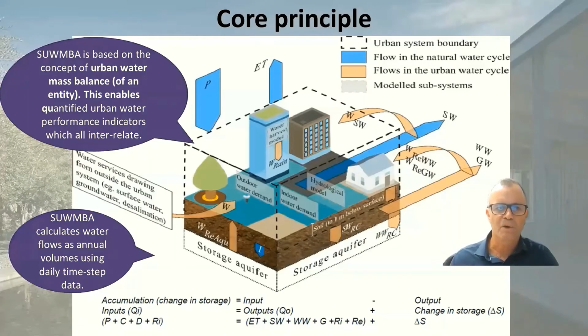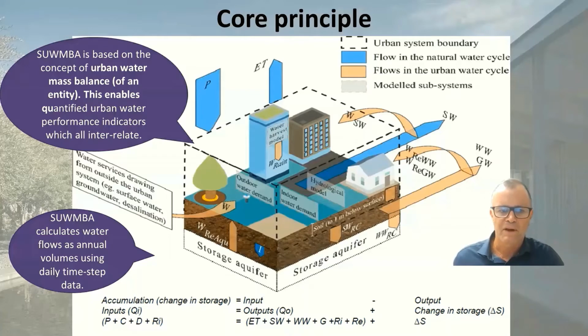SUWMBA is based on a core principle of urban water mass balance of this thing we call the urban water entity. This enables quantified urban water performance indicators which all interrelate because they're relating to a predefined volume of urban space. It calculates water flows as annual volumes using daily time-step data.